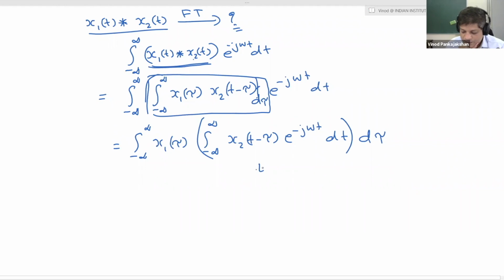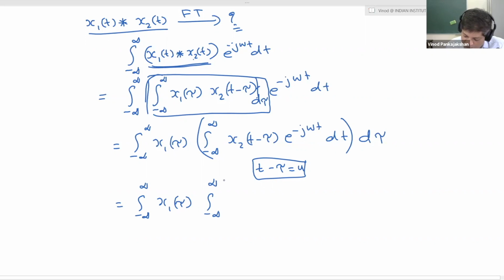Okay, I'm changing the variable. I'm putting t minus tau as u. So we'll get this integration as integral from minus infinity to infinity x1 tau, integral from minus infinity to infinity x2 u e to the power minus j omega u.